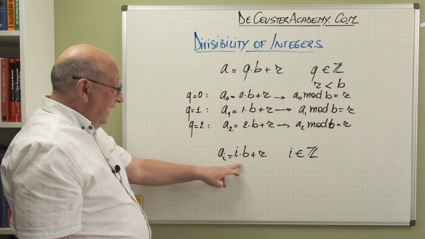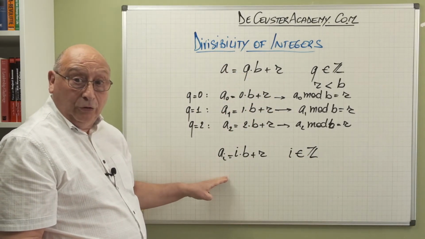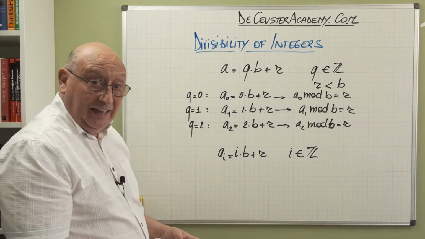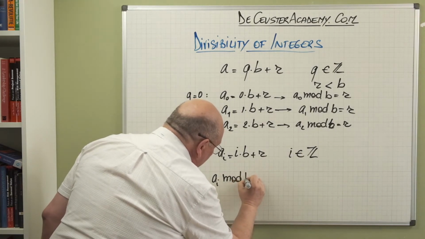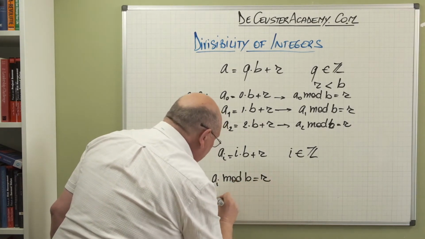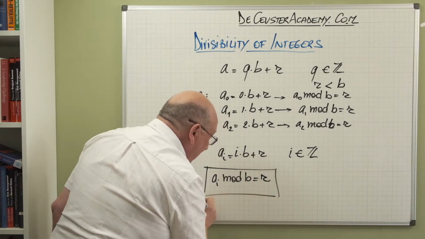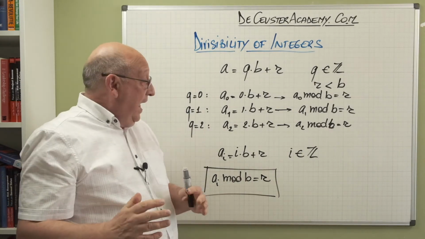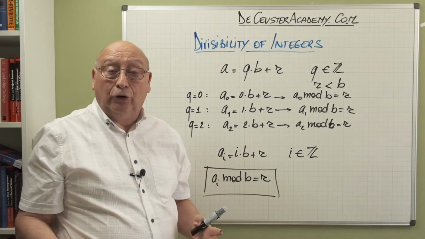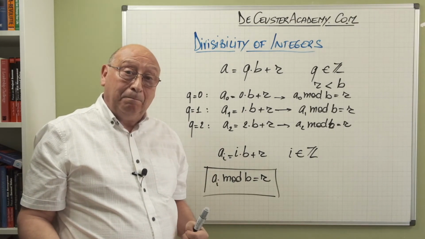So basically for all those values, I can say that ai mod b is always equal to r. And that's a very interesting property that we will be using later in modular arithmetic.